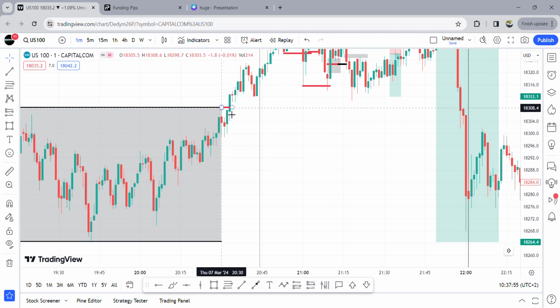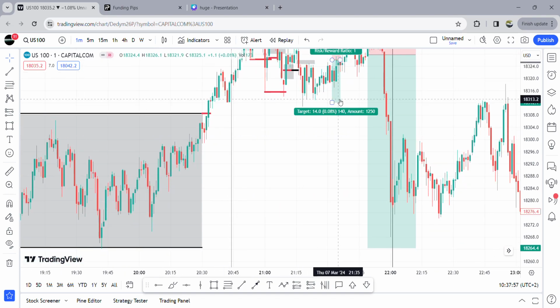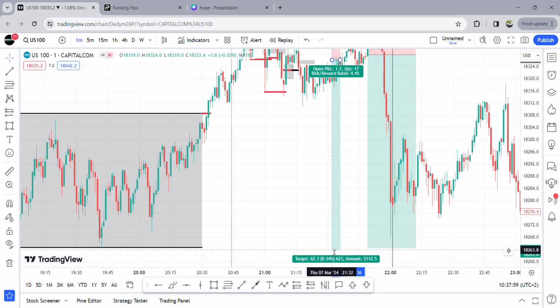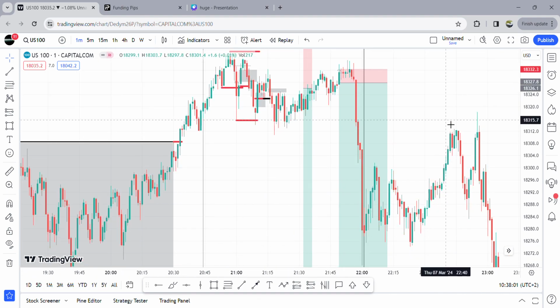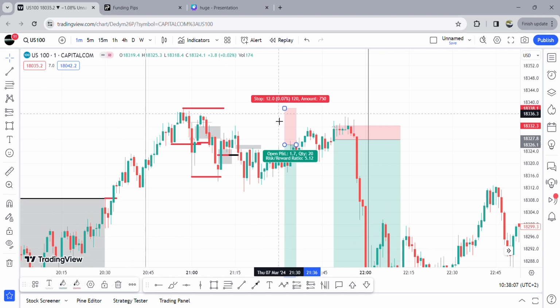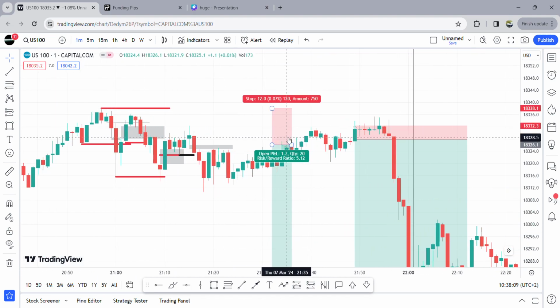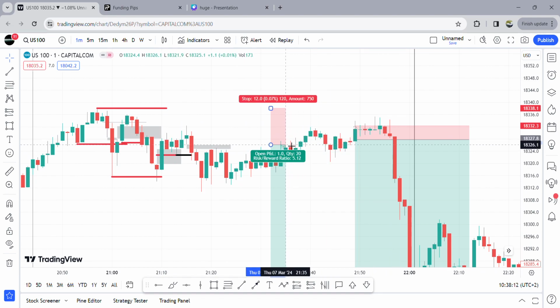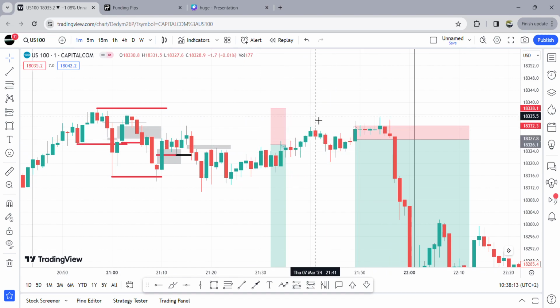Since we took out the liquidity high of that range, I'll be targeting the liquidity low. Standard 12 points. 1 to 5 hour trade. That's what it is.